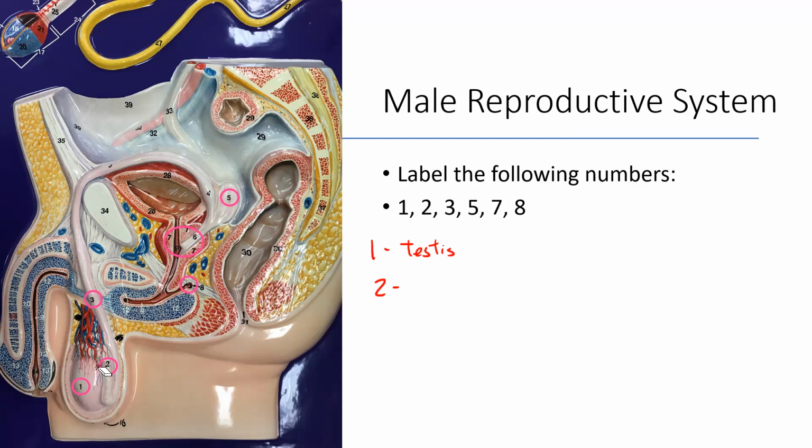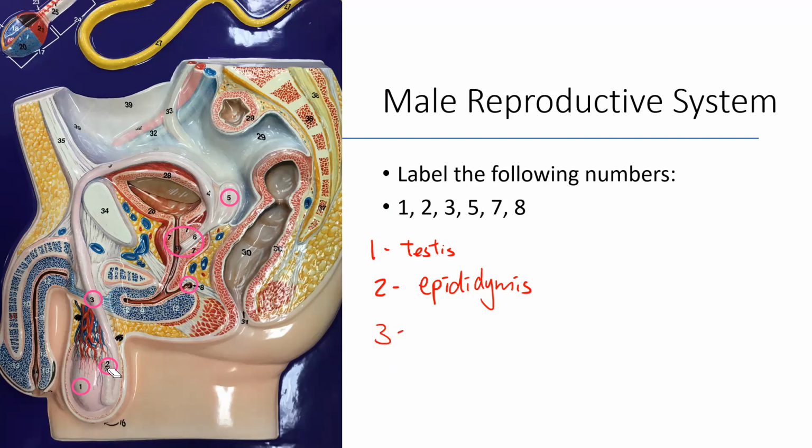Number two sits on top of the testicle. That is the epididymis. That is where the sperm have swimming lessons. That's where they learn how to become mobile, and they will be stored there until they're released.